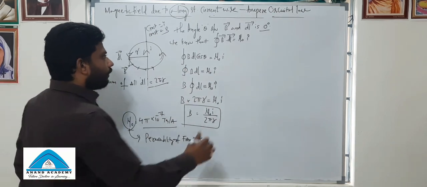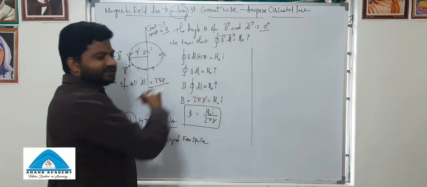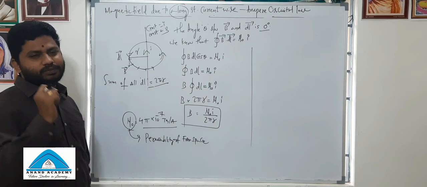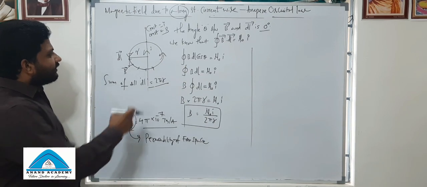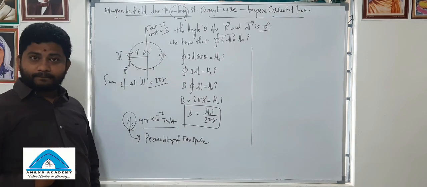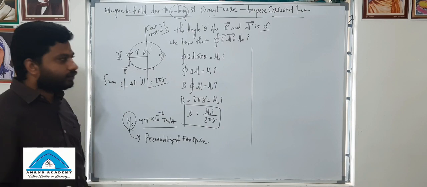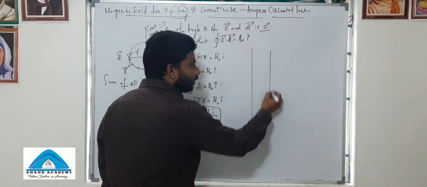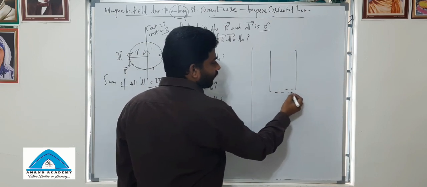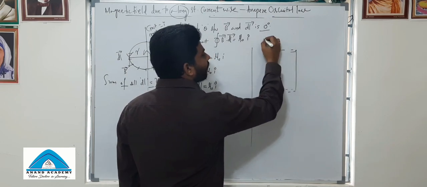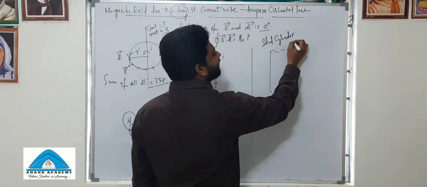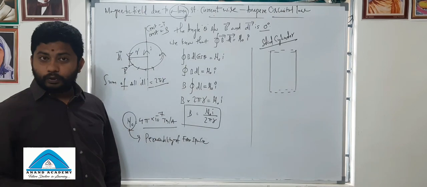Now, before moving to the next session, I just wanted to give you a small introduction. This is a very thin, straight, long current carrying wire. If it is not thin, this is called a solid, long, straight cylinder through which the current flows, right?